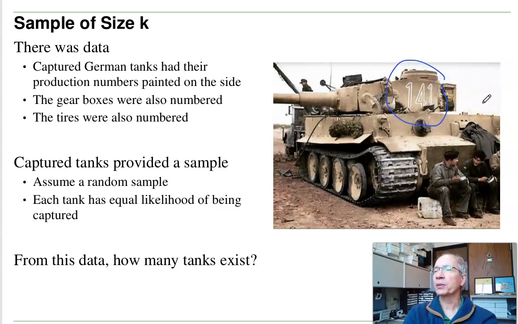That was the production number. This is the 141st Tiger tank that was built. In addition, the gearboxes were numbered. In addition, the tires were numbered. So we had a sample of the tanks with the production number. From that, can I estimate how many tanks exist? That's called the German tank problem.